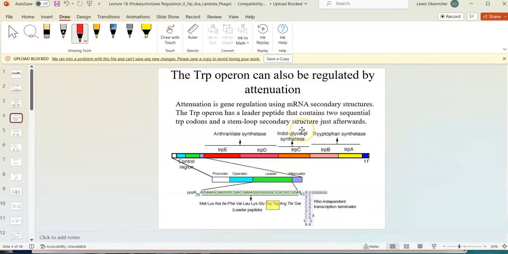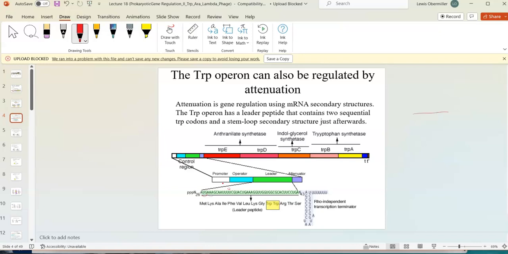Okay, so this is the other way that it's regulated. It's regulated by attenuation. So in attenuation, this is the RNA sequence. We have AUG and so on. We know that this is RNA because there are U's found in it. And we know RNA is single stranded.